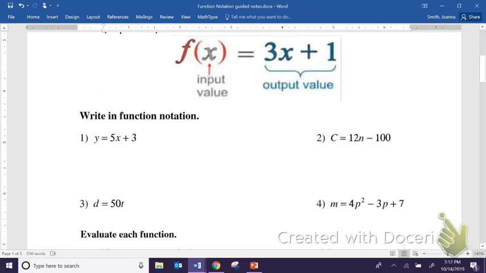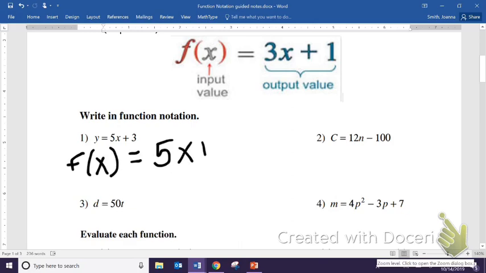Watch. For number 1, y equals 5x plus 3. All you have to do is substitute in f of x for y, and that will equal 5x plus 3. So f of x equals 5x plus 3. That's all you're doing.